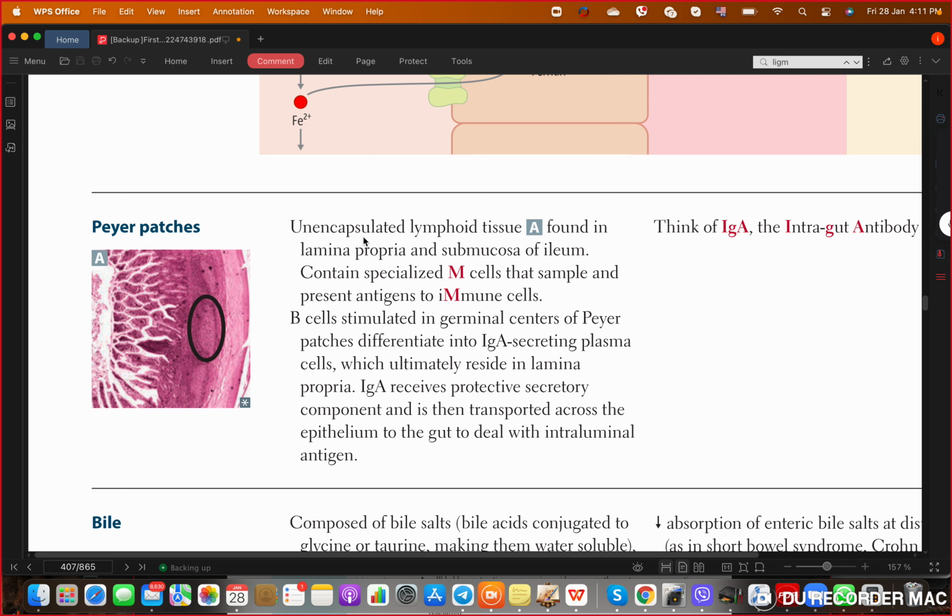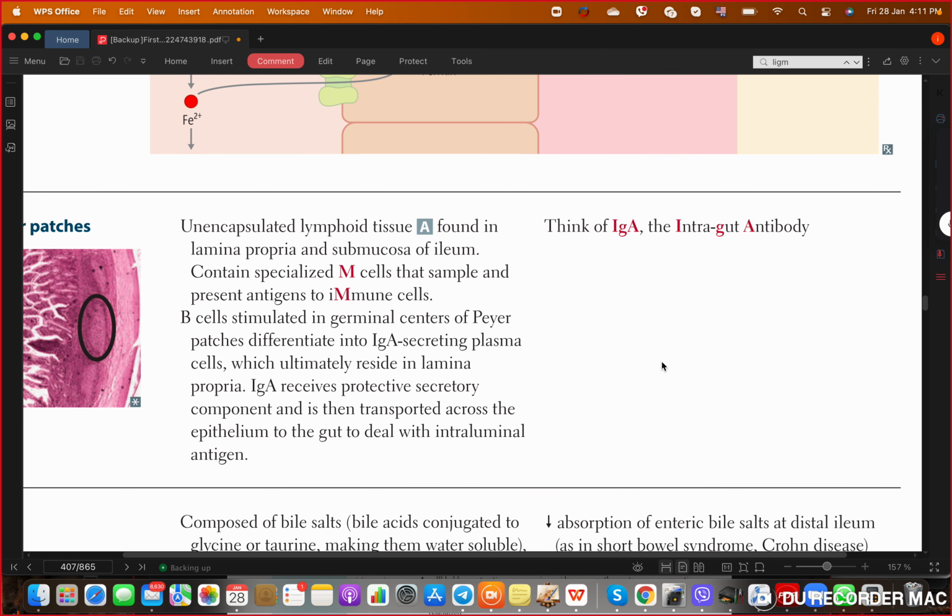Okay, so IgA receives the protective secretory component and is then transported across the epithelium to the gut lumen to deal with the intraluminal antigen. Let me explain that. Here we have your epithelium, yeah?